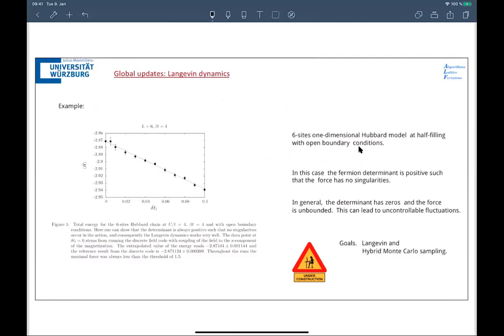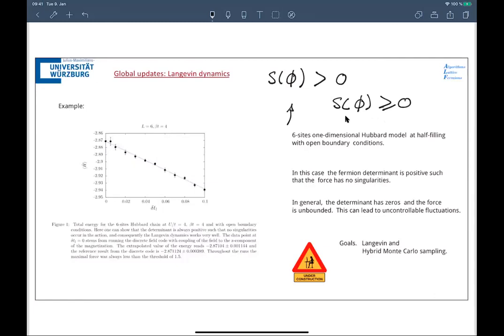We took this problem because in this case, you can show that the action for a given field is always strictly positive. Normally, even if you have no sign problem, what you can show is that the determinant of M, the fermion determinant, is semi-positive definite, so it's bigger or equal to 0.